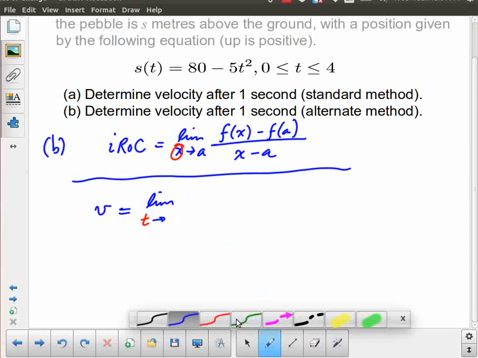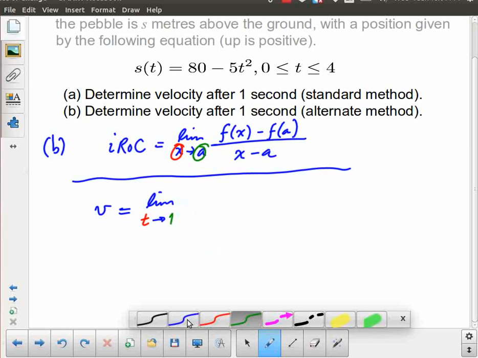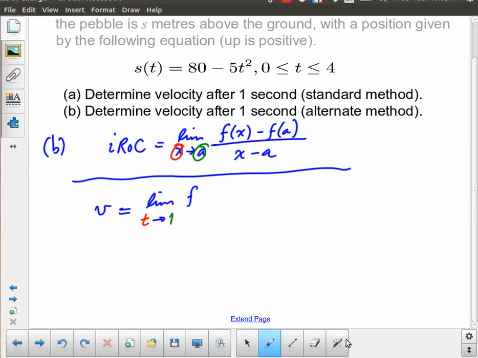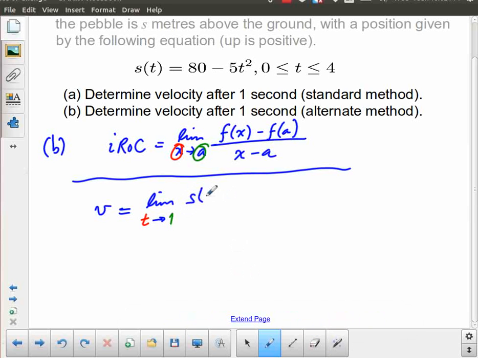Our value for a, well, we don't want to leave just a value for a. That's actually going to be 1. We're going to replace that with 1. So it is the limit as t approaches 1 of, and one last change, I won't change the color for this one, it's going to be s of t minus s of 1, all divided by t minus 1.